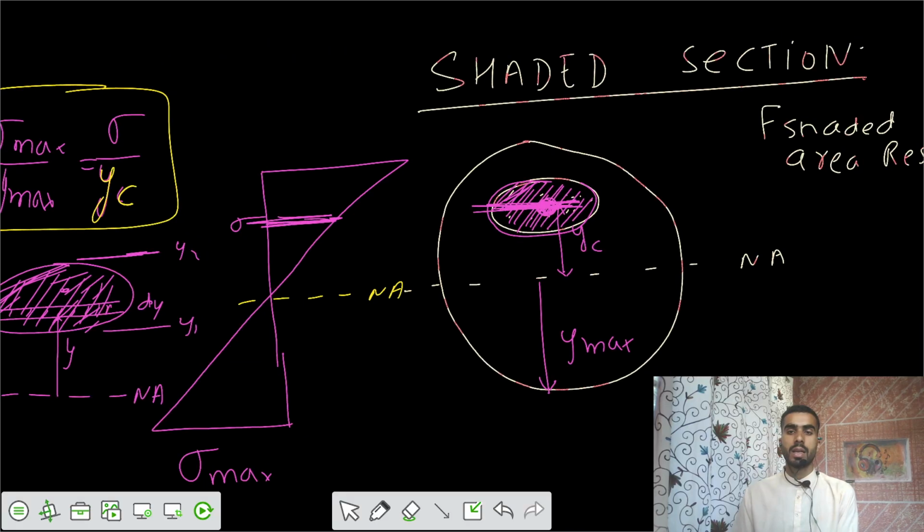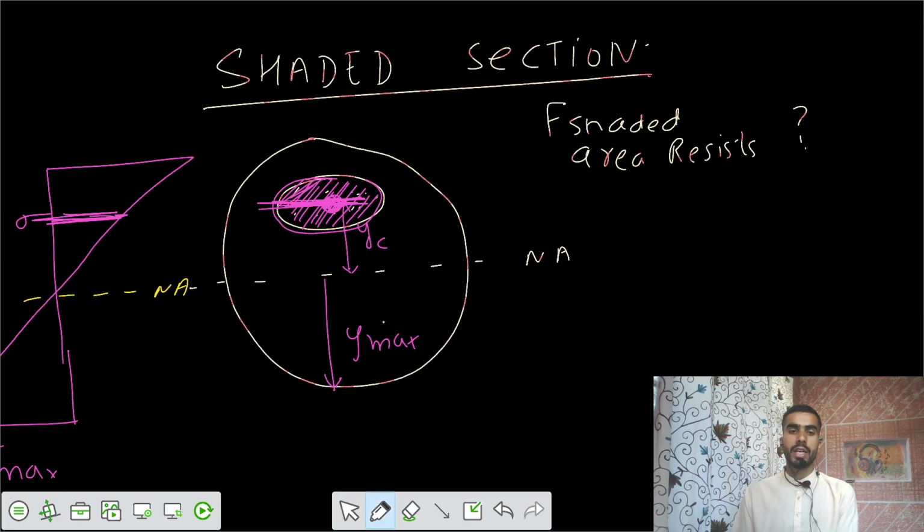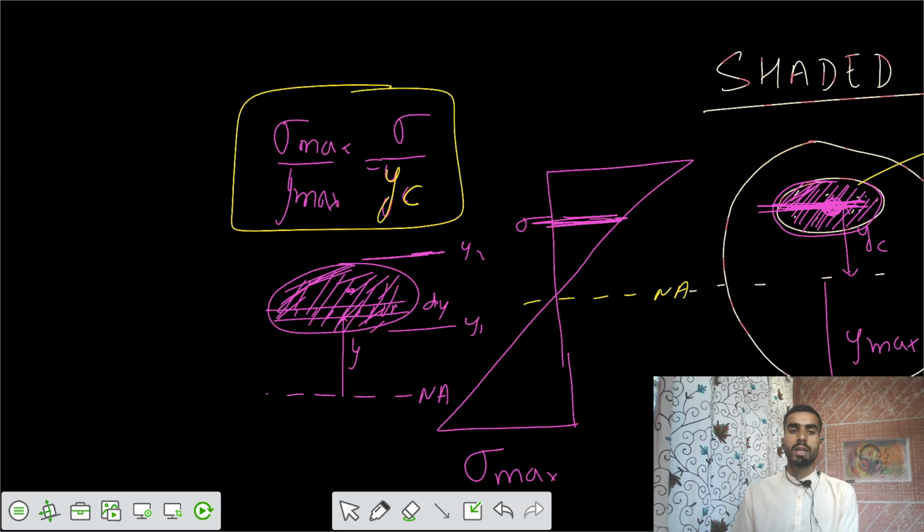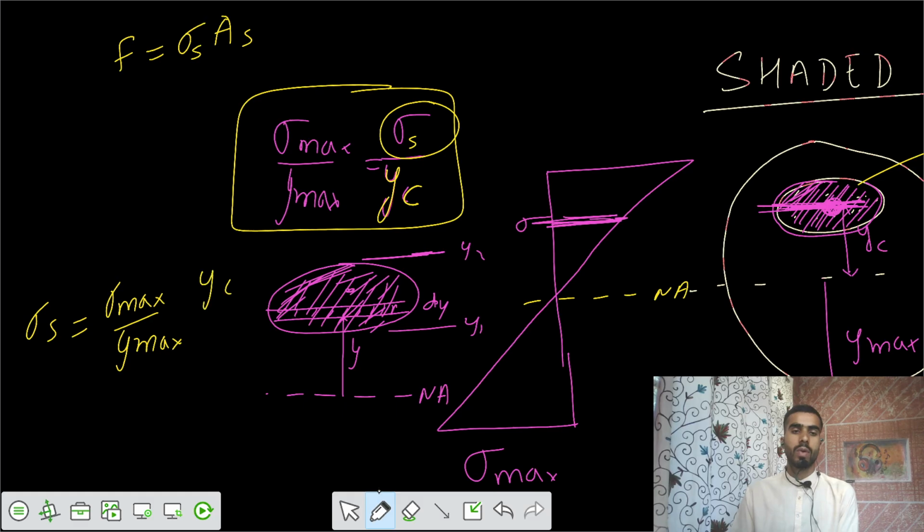We know that the particular shaded area has some area, let's call it A shaded, AS, and we know that force equals sigma into A. So I can calculate sigma shaded equals sigma max by y max into yc.